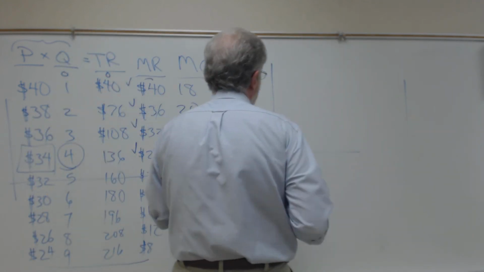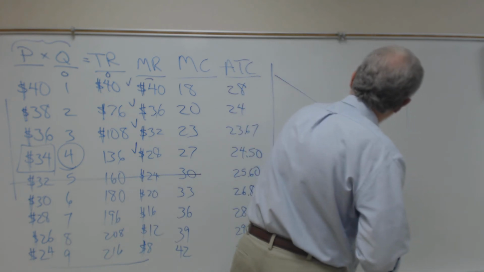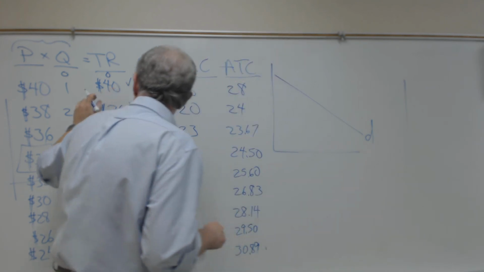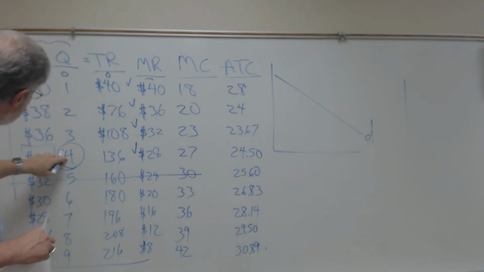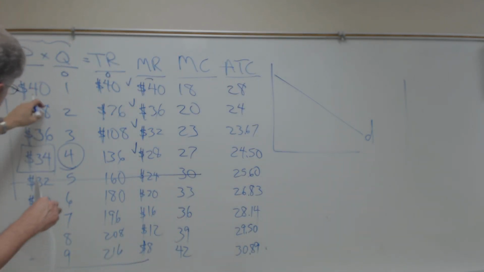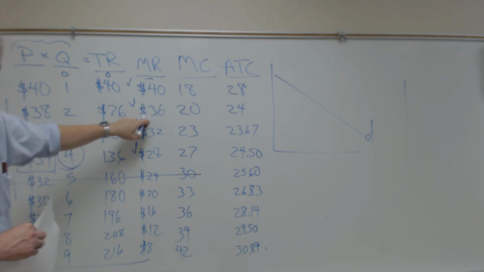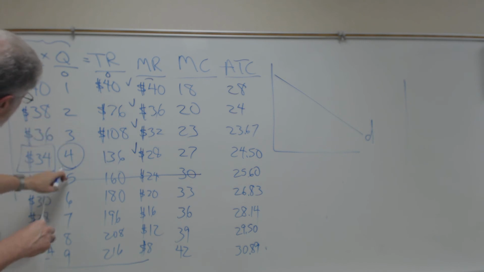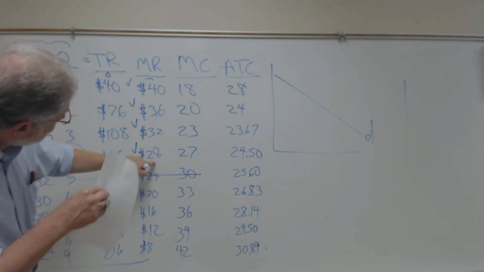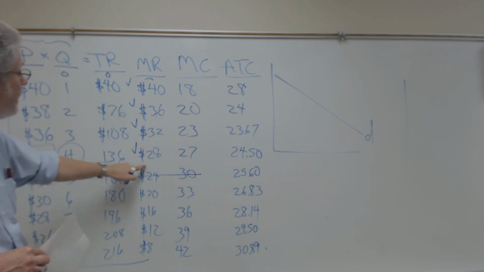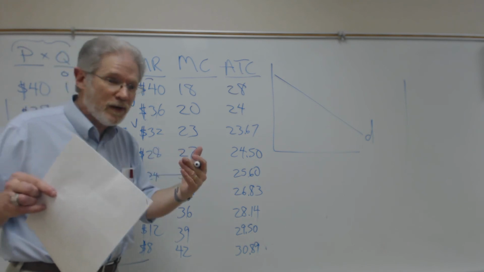To represent this negatively sloped demand curve, notice for every unit, starting with the second unit, the price is greater than marginal revenue. And as the firm produces more and more, the gap between price and marginal revenue gets bigger and bigger.